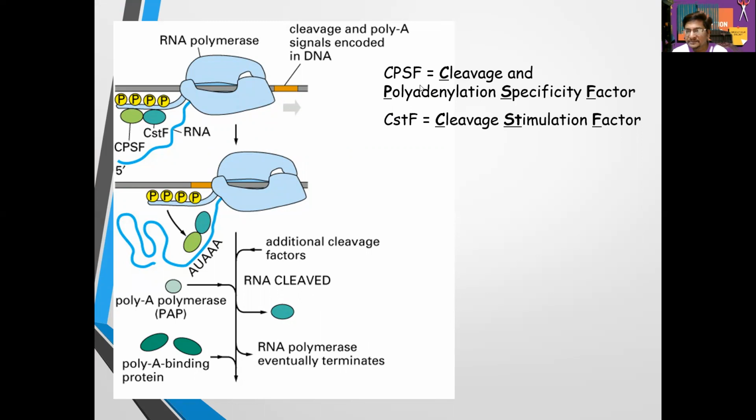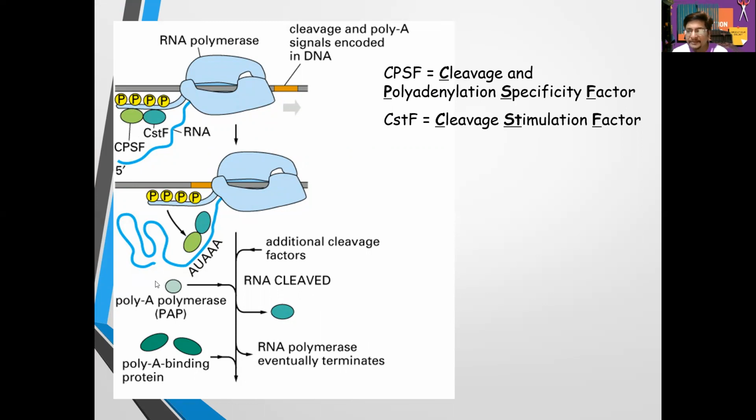Now, a few factors are going to play a very, very important role. One is the CPSF, which stands for cleavage and polyadenylation specificity factor, which you can see over here is going to bind to this particular location called the AAUAAA. Then we have the CSTF, the cleavage stimulation factor, which you can see binds over here.